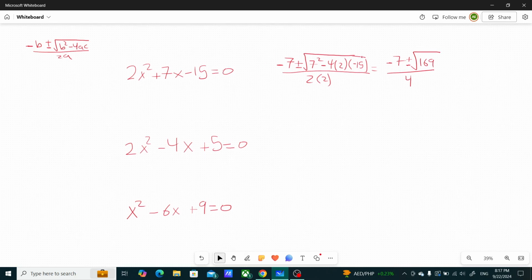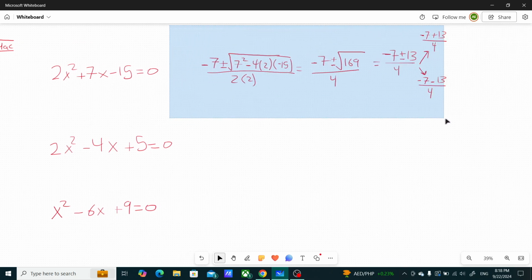From here, I know that the square root of 169 is equal to 13. So I'll have negative 7 plus or minus 13 over 4. This is going to give me two distinct solutions: negative 7 plus 13 over 4, and negative 7 minus 13 over 4.